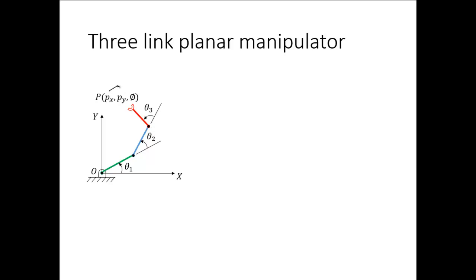So we have 1, 2, and 3 coordinates of the end effector specified, and we would like to know the relation between them and the joint coordinates. For a particular position and orientation of the end effector, we would like to know the values of the corresponding joint angles.